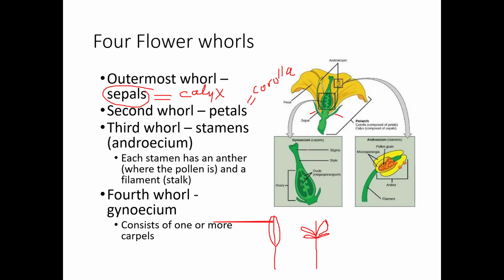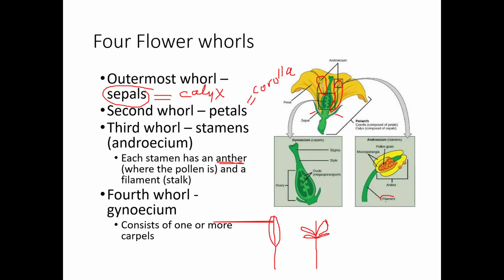The stamens are the male organs, and the stamens have a structure where there is a stem-like portion, that's called the filament, and then the top portion where the pollen grains will form, that's called the anther.